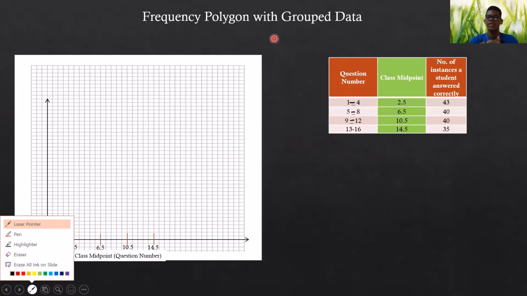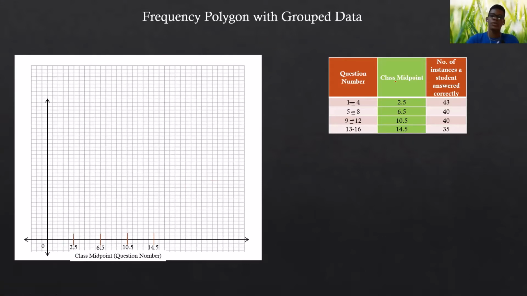When we were doing the exercise on class intervals, we recognized that there's actually a pattern within the class midpoint. So going from 2.5 to 6.5 to 10.5, then to 40.5. What is the pattern here within our class midpoint? Anyone?